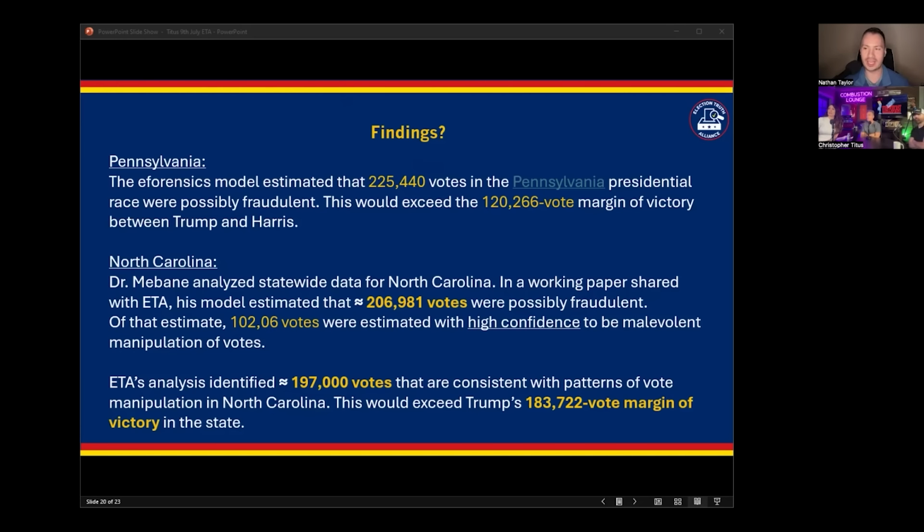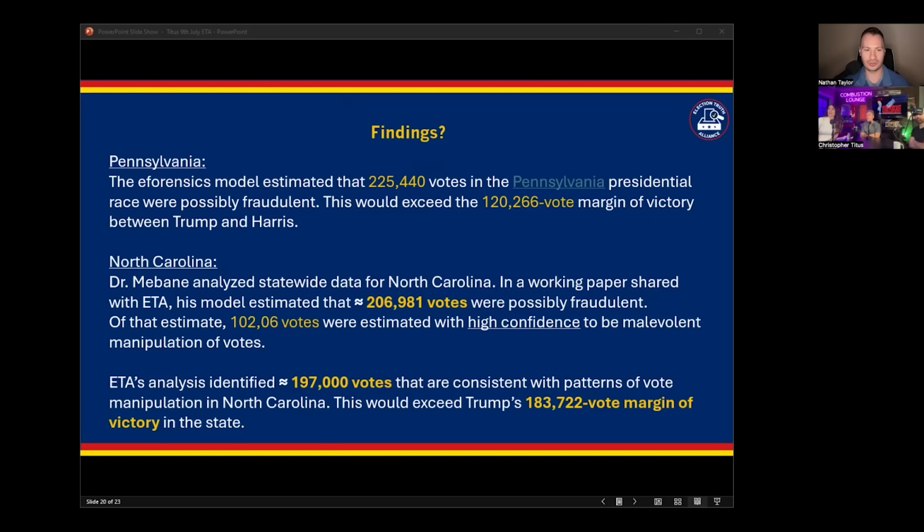He's got a few different subcategories. I think a lower level, maybe 160 or so, that he's more confident in. But even if it's only 160, his max is 225,000. If that is anomalous votes and it is caused by compromise of our tabulation machines or other vote manipulation, that would be enough to change the presidential race in Pennsylvania. I feel cold.